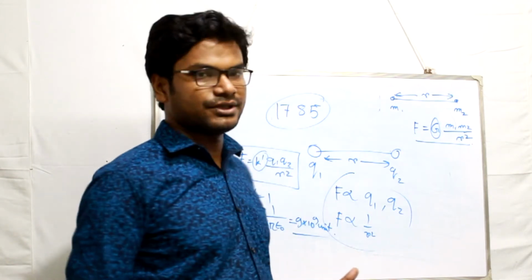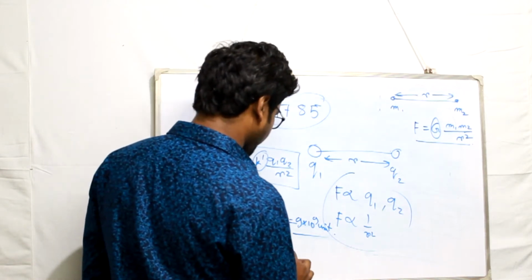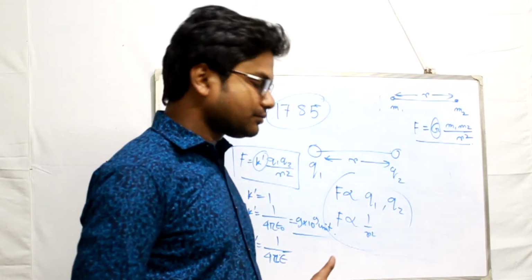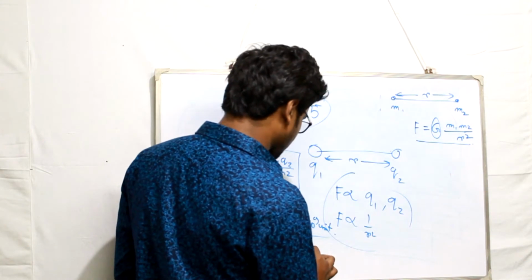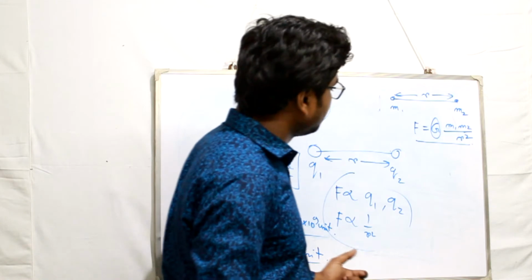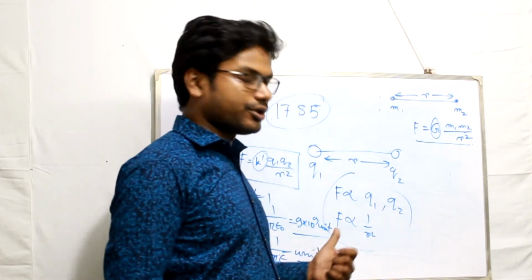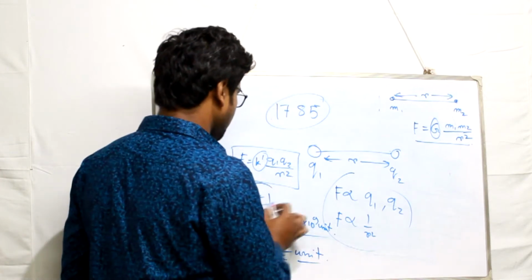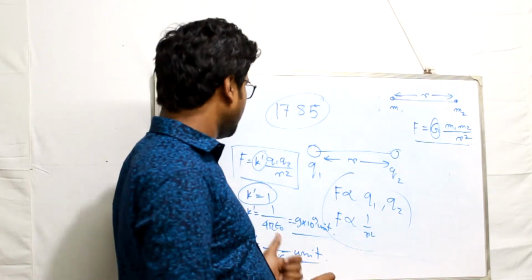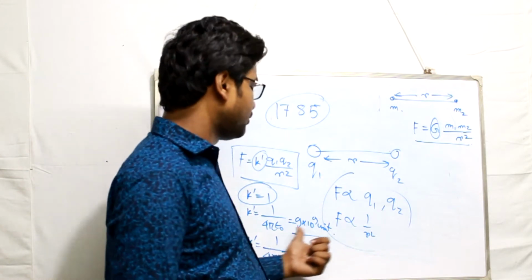If the medium is not free space, then we should write K prime as 1 by 4 pi epsilon, and obviously with units. As the choice of unit is important, in CGS the value of K prime is 1, but in SI it is 1 by 4 pi epsilon naught, and its value is actually 9 into 10 to the 9.